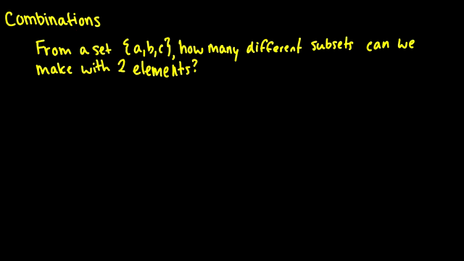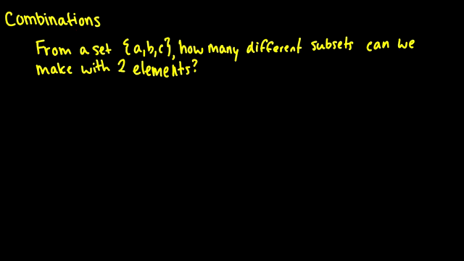So when you ask how many different subsets we can make from a set ABC with just two elements, it's a little bit different, because it's not the case that we have 3 ways to pick the first one and 2 ways to pick the second one. If the order is switched, it doesn't make a difference.